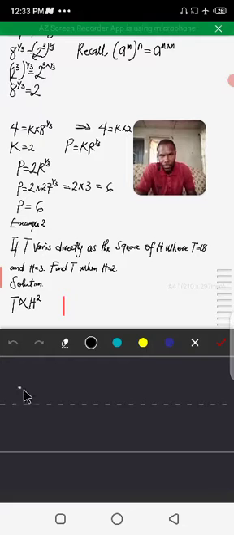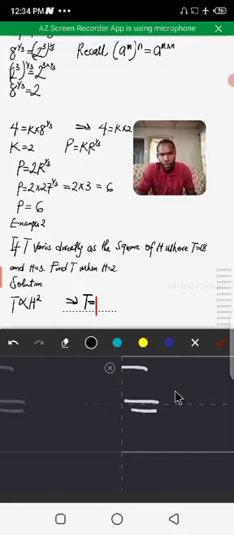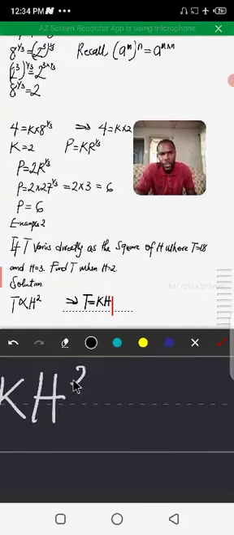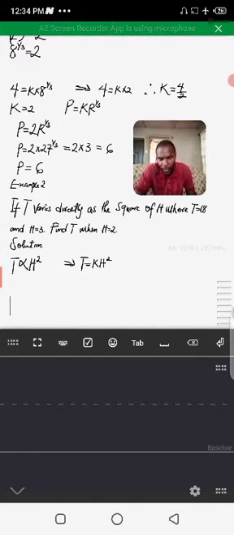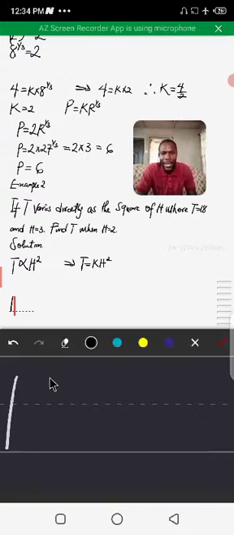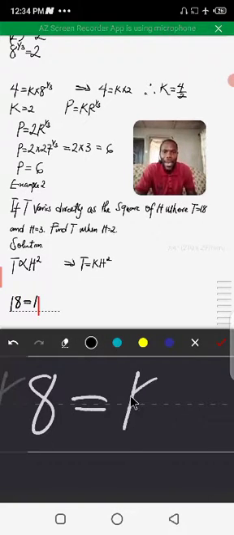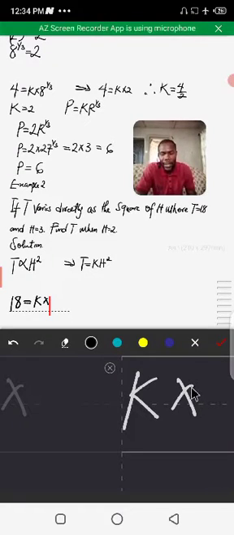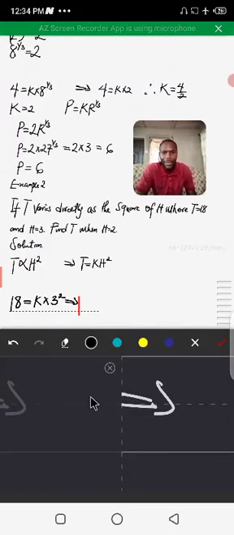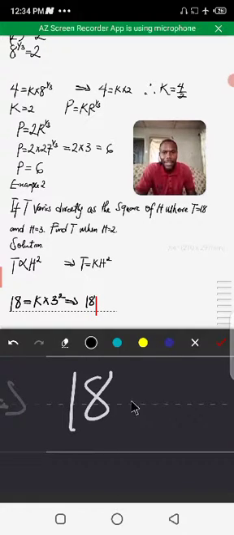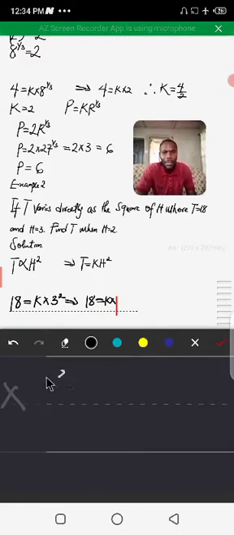which implies that T is equal to KH squared. Given the value of T is 18 and H is 3, we substitute: 18 equals K times 3 squared, which implies that 18 equals K times 9.